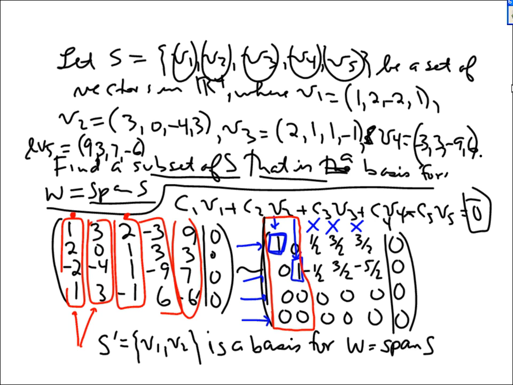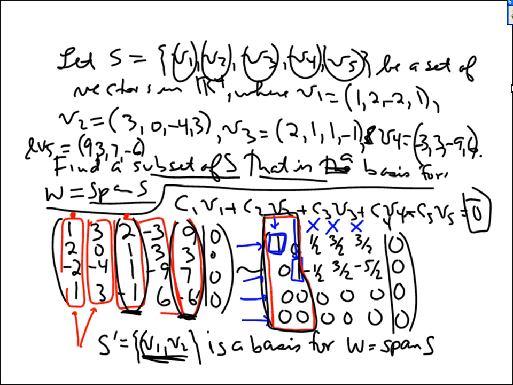Coincidentally, column 1 and column 2 had leading ones. They don't have to be in order. It can be column 3 and column 5. If column 3 and column 5 in the end were the only columns that had leading ones, well then I would say V3 and V5 is the basis for the span of S.